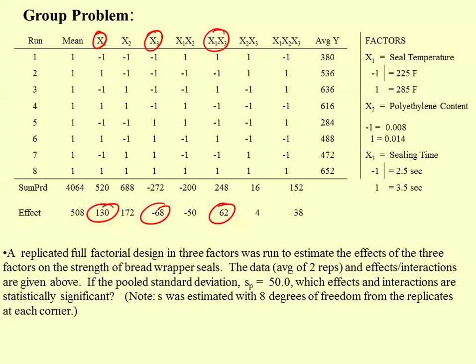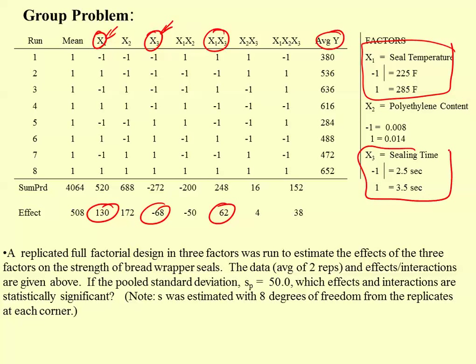So once you found these things are significant, you have to use that information to figure out what to do. x1 and x3 seem to be doing something to our response, which was some sort of sealing strength. And we need to figure out, okay, what do we set these things at? What temperature are we going to run this at? How much polyethylene? Oops, that doesn't matter.